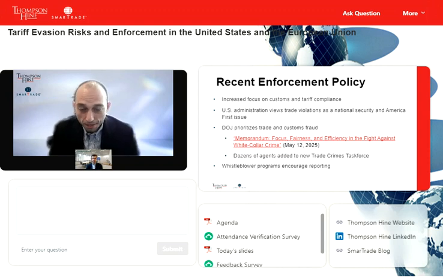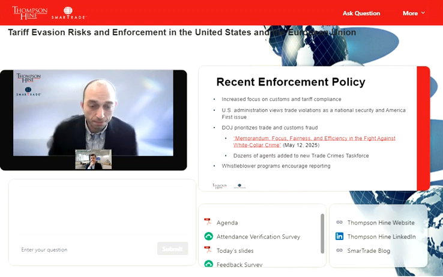And then, consistent with this goal, the DOJ also announced a new trade fraud task force that involves a partnership between the DOJ's criminal and civil divisions. And so increased enforcement will really not be limited to the civil or criminal matters, but we expect to see increased activity both on the criminal side as well as on the civil side through the False Claims Act and penalty provisions under the Tariff Act.